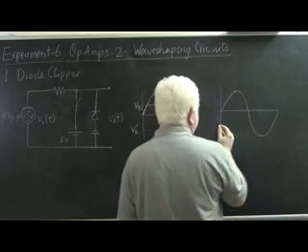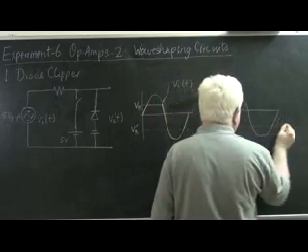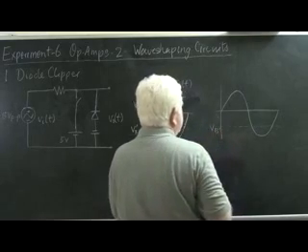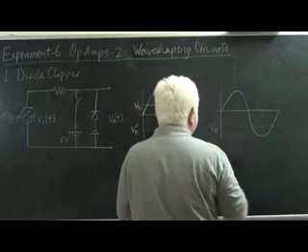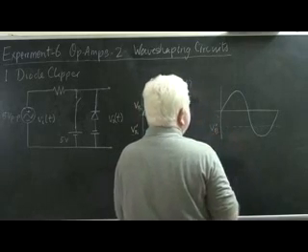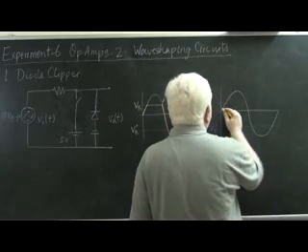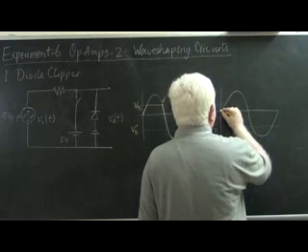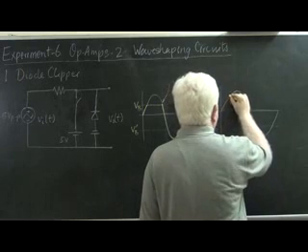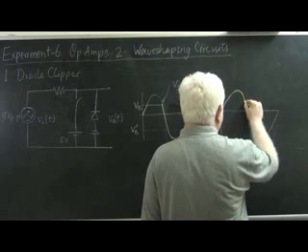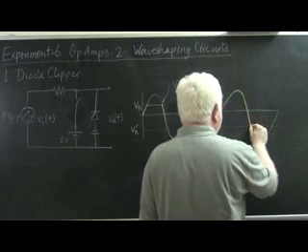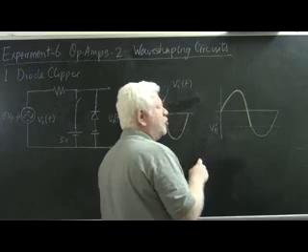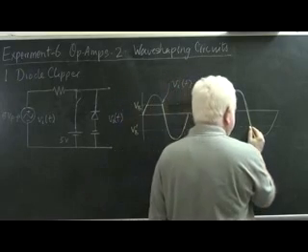Here is the input. Let's say this is VB dash. Then we would see the input copied to the output for all voltages higher than VB dash. At this point, VB dash would appear at the output and the input would not be copied.